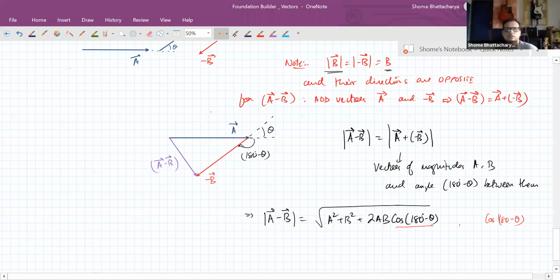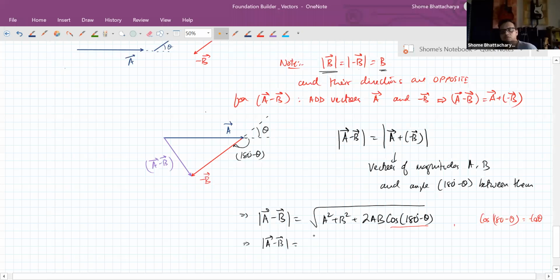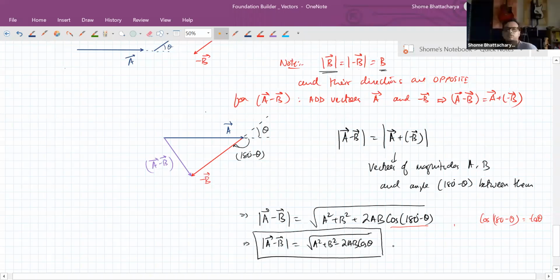So making use of that formula, you can see that we get this relation, minus 2AB cos theta. So this becomes the formula for the difference of two vectors.